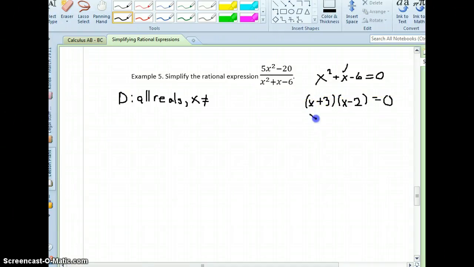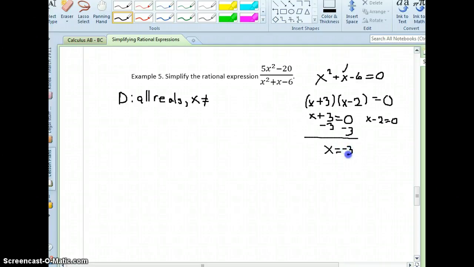And we're going to use the zero factor property and set each of these equal to 0, then solve. So that means x plus 3 equals 0 and x minus 2 equals 0. So subtract 3 from both sides on this one, and I have x equals negative 3.